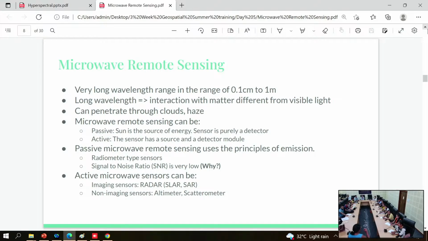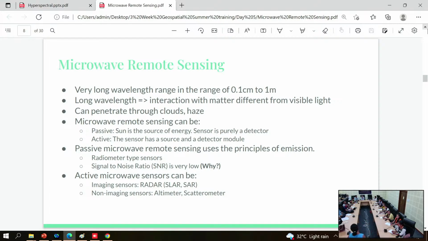When the size of those particles is very similar to the wavelength of the light which we are using for imaging, that is why it is getting blocked. We are not able to see through if there is a cloud. But in case of microwave, because the wavelength is so large, it is not going to be affected by the water vapor and other things which are there, and it is very see-through to the atmosphere.